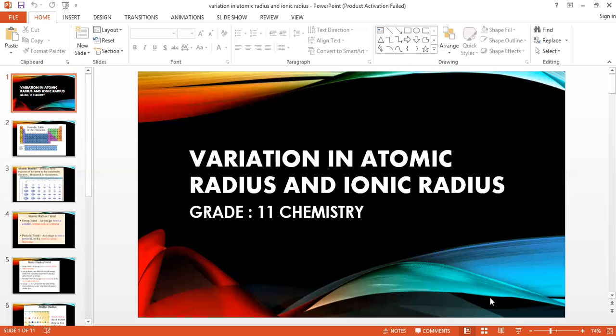The distance between the nucleus and the outer shell is large, but here the distance is smaller. So in ionic form, size increases or decreases now? Decrease.